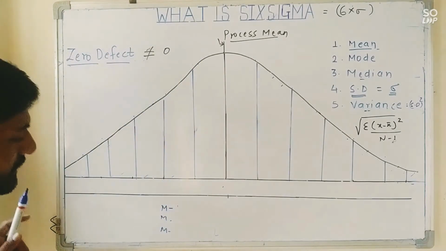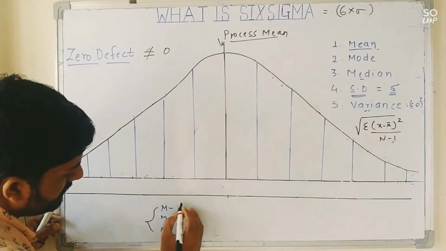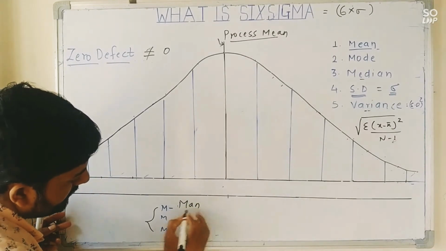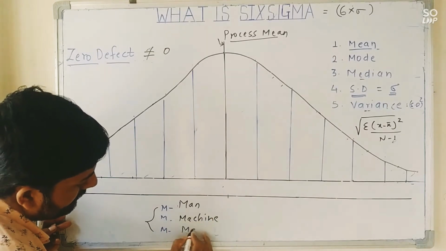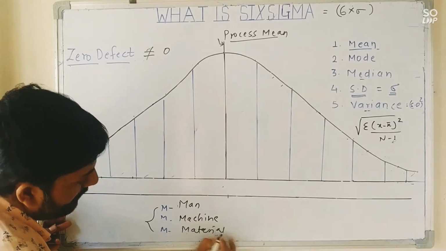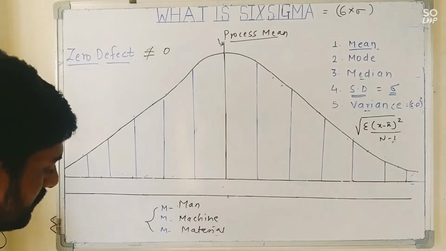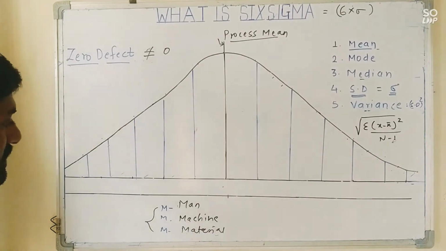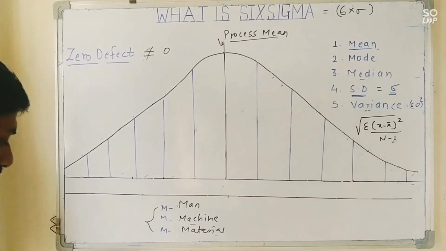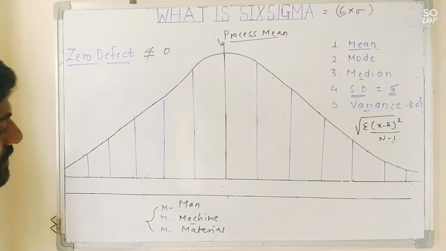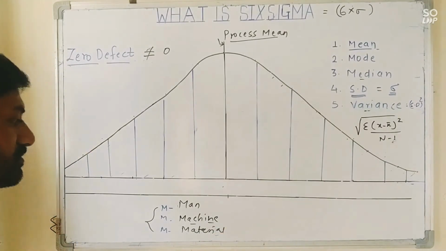Because there are three Ms which are responsible. First one is man, second one is machine, third one is material. If man changes, the quality of that component changes. If machine changes, we cannot give surety about the changed machine. It may give a good product, it may give a bad product.